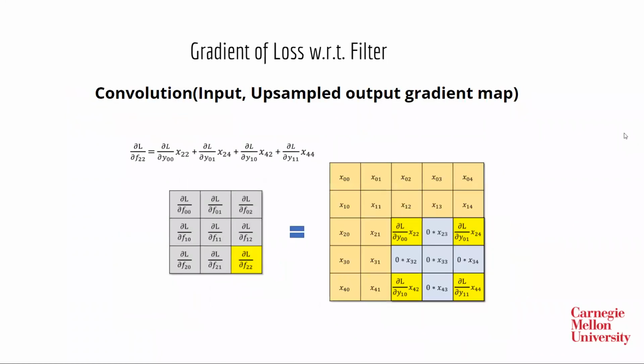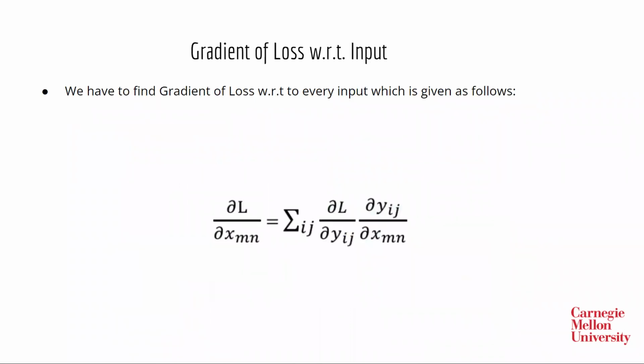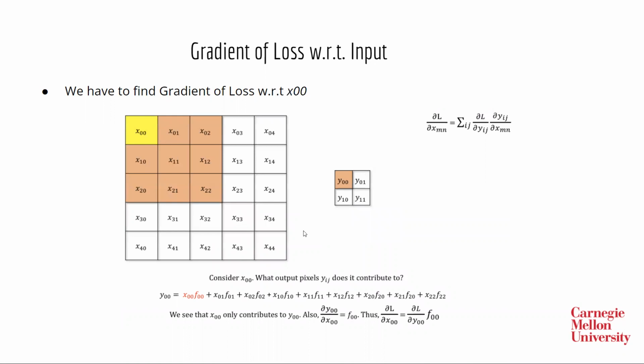Okay, so now we'll go on to finding gradient of loss with respect to input. Again, we have the same equation. You're going to find gradient of loss with respect to every input element using the chain rule and then the summation over all outputs. So let's look at the equation. You want to find the gradient of loss with respect to your first input, x00.